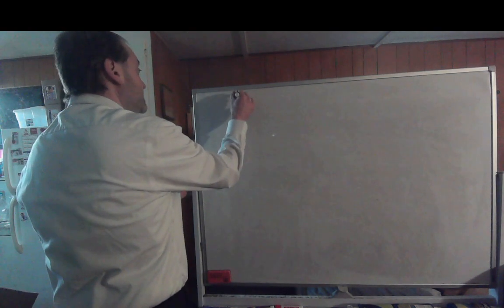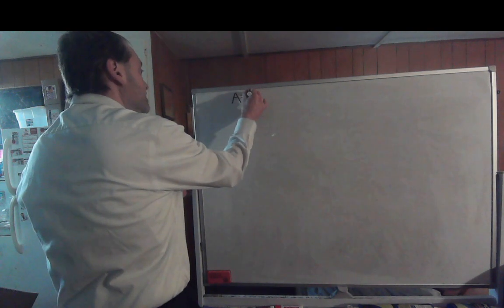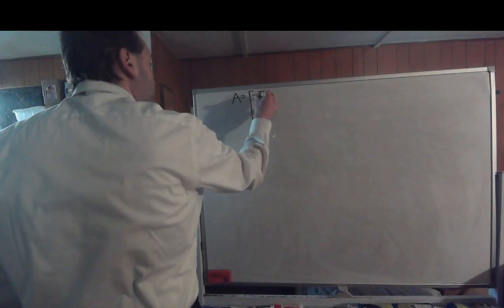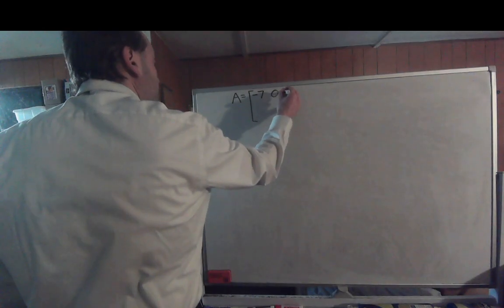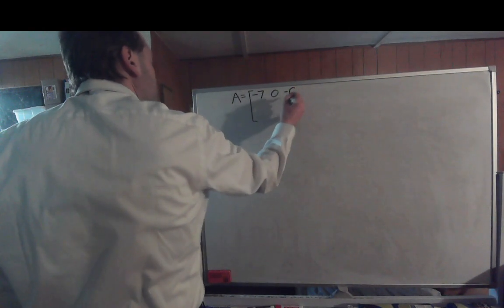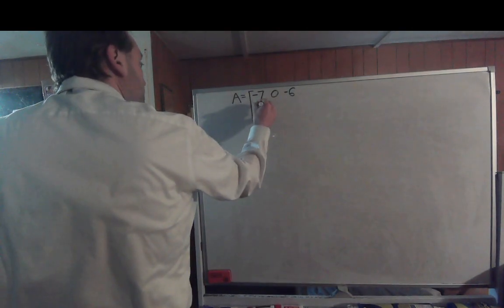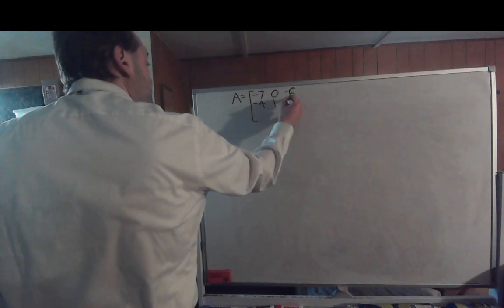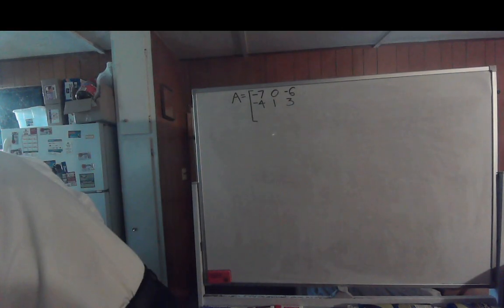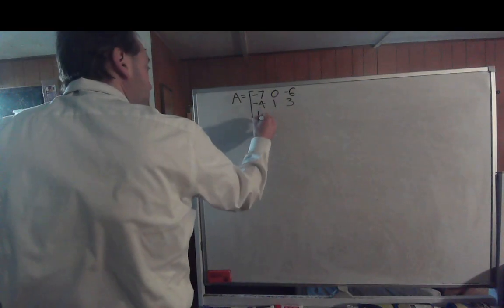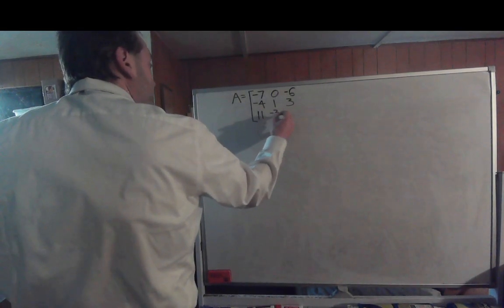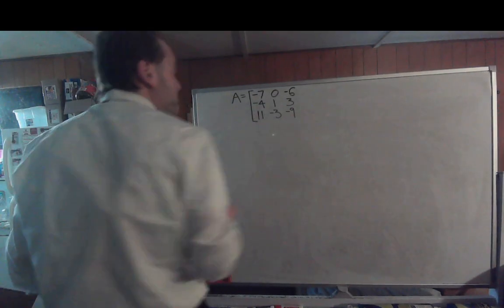Alright, so let's see. A is a matrix with entries -7, 0, -6, and then -4, 1, 3, 11, -3, and -9.